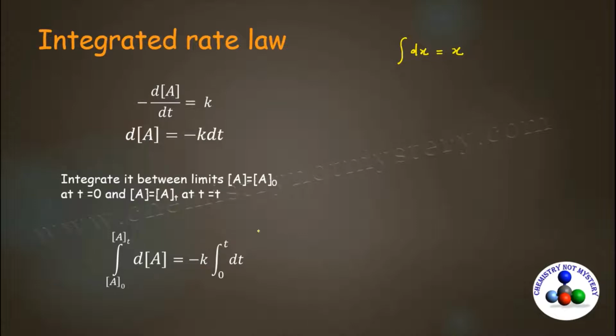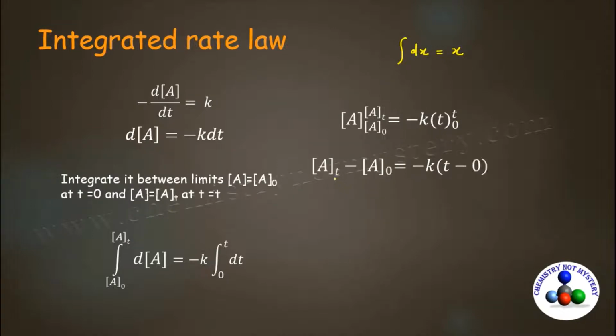So when you apply this formula on this equation, you will get the limit A0 to At is equal to minus k times the limit 0 to t. Now apply the limits. So you will get At minus A0 is equal to minus k in bracket t minus 0. When you solve it, you will get At minus A0 is equal to minus kt.